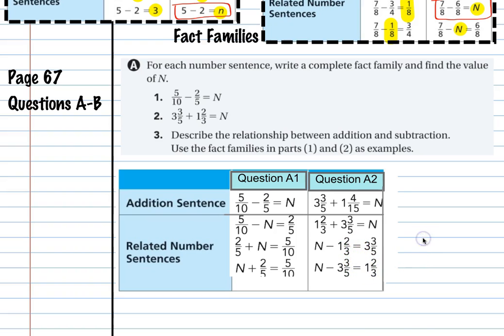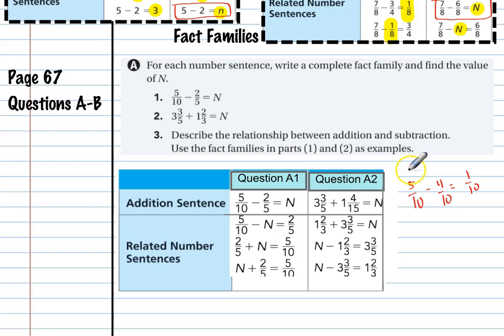This one ends up being n equals, let's see, what do we get? 5/10, and I can make this into 4/10. So 5/10 minus 4/10 equals 1/10.